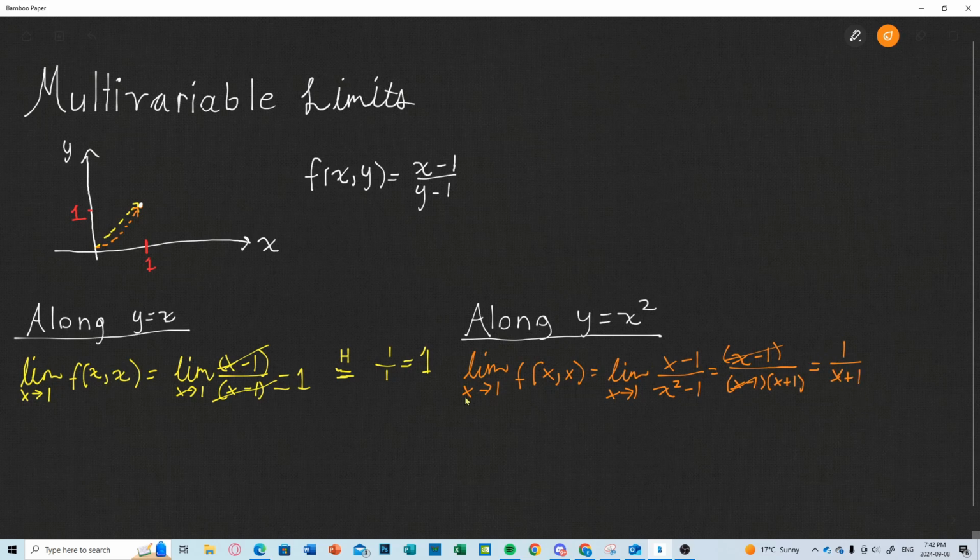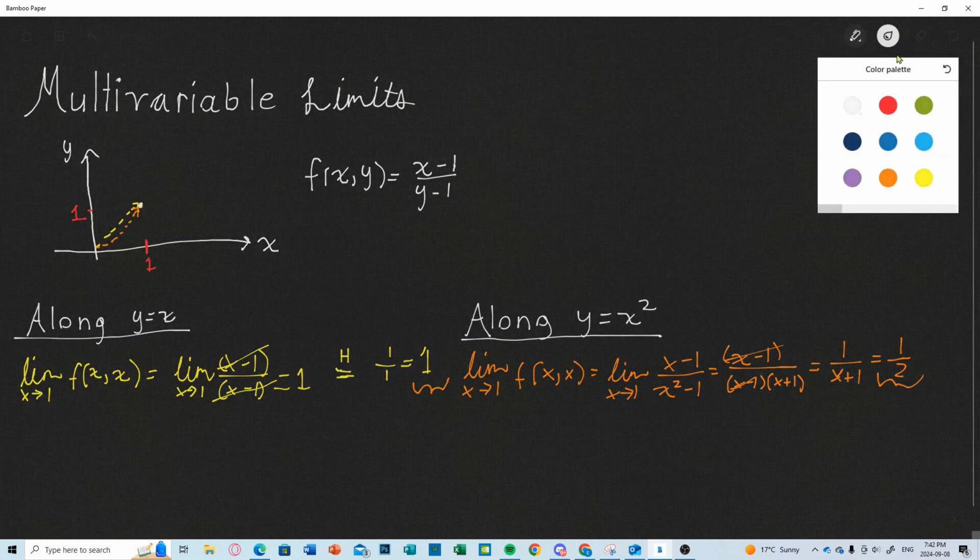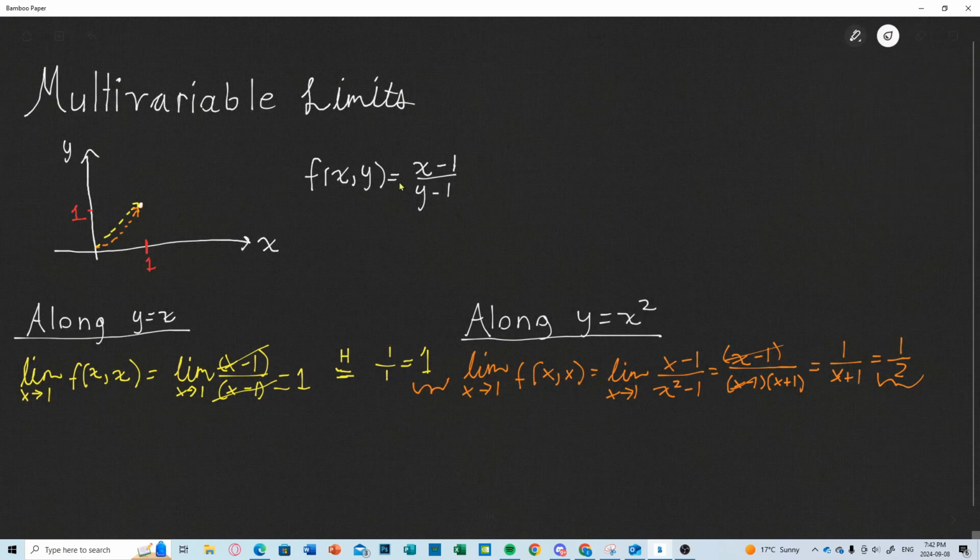If we put in 1, because that's where we're approaching, that'll get us 1 over 2, which is 1/2. So we can already see that going along these two different paths gives us two different answers. So we already know that the limit does not exist, because we're approaching along two different paths. The limit of f of (x, y) as (x, y) approaches the point (1, 1) does not exist.